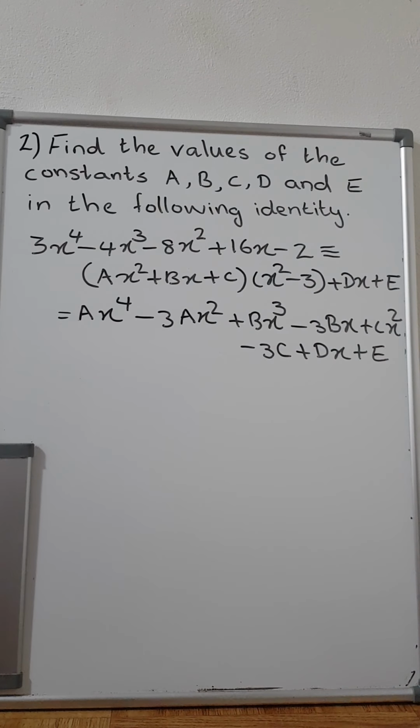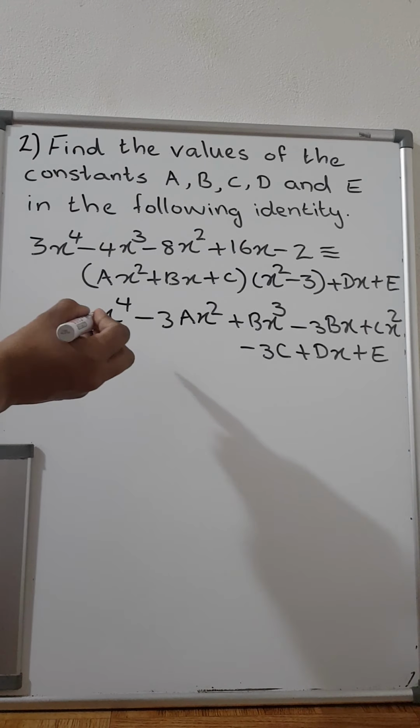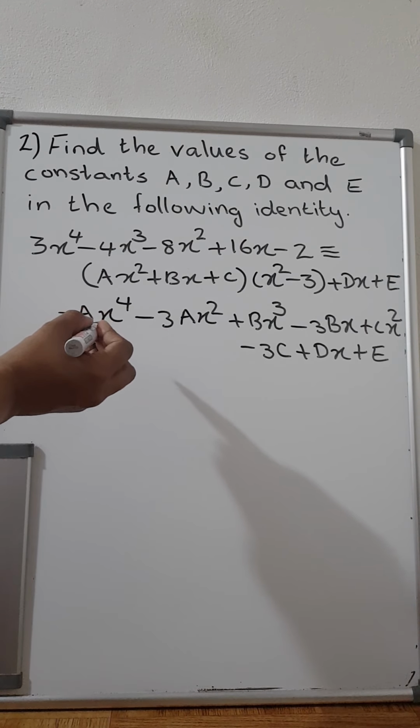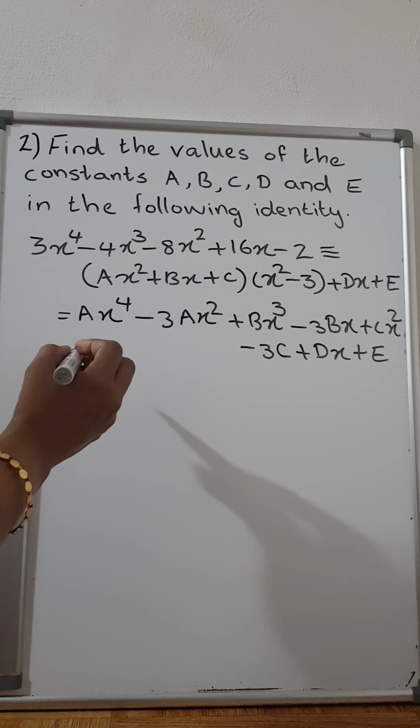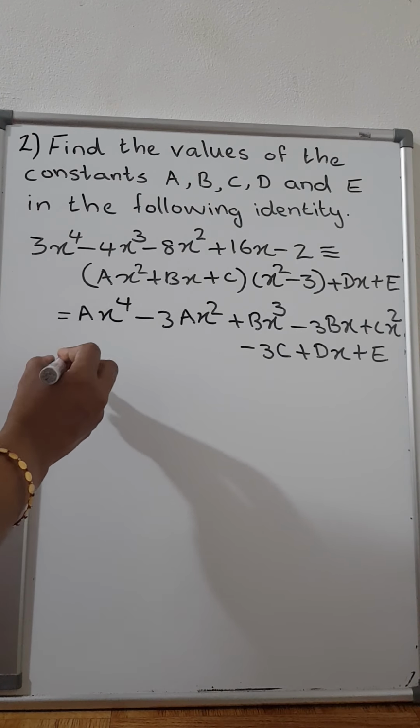Now let's start comparing the coefficients. First we will compare the coefficients of the terms with the largest degree. So here the largest degree is 4. So we will compare the coefficients of x to the power 4.